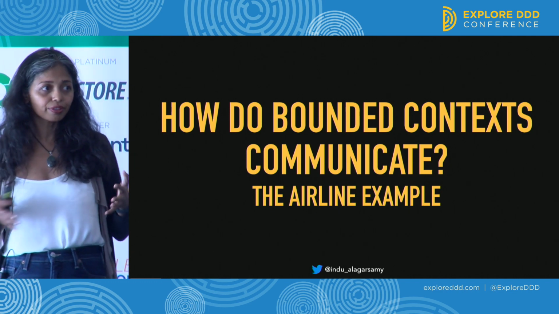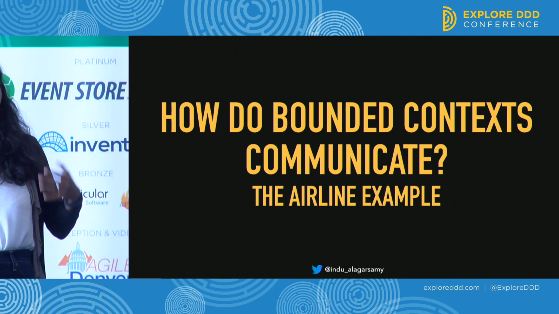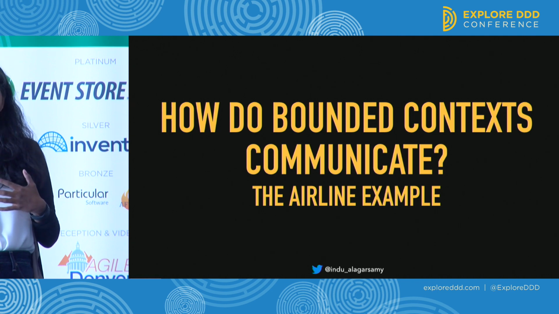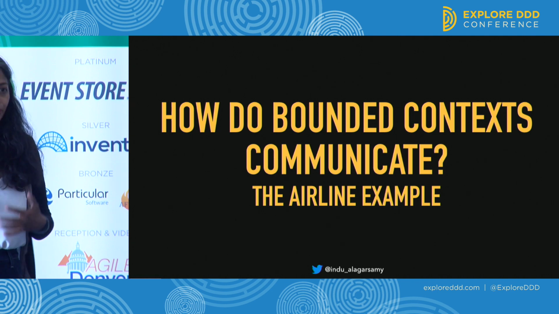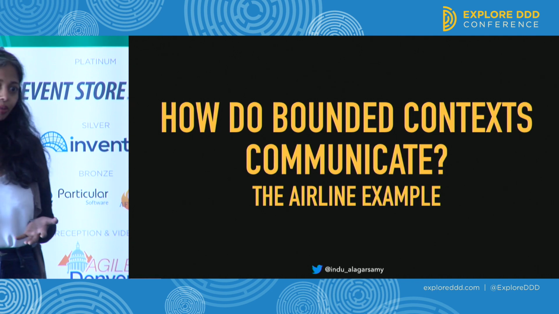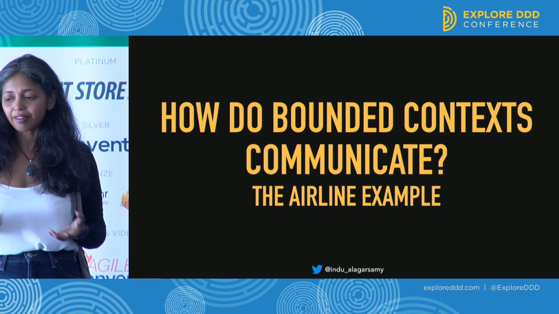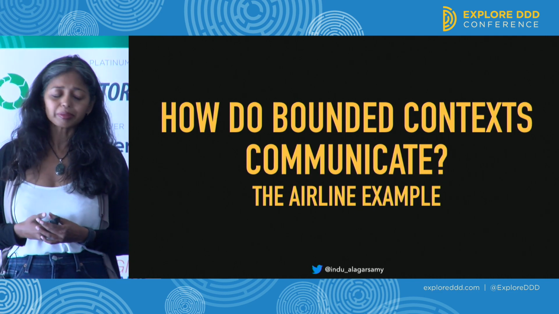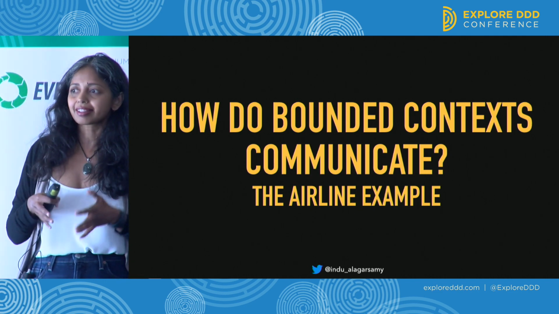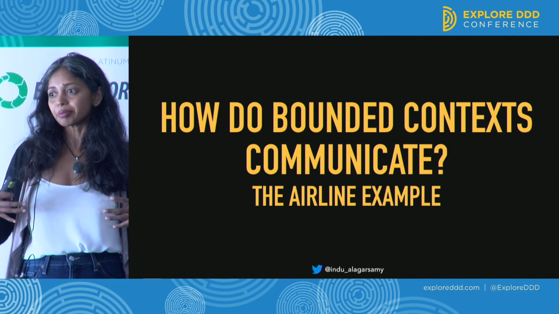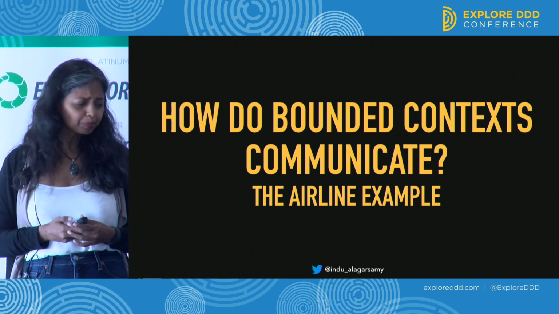There are different ways you can communicate, but if you use event-driven architecture, you can do so in a way that's loosely coupled, and you can have reliability and have them be autonomous. So for me, that's where messaging comes in nicely with DDD.